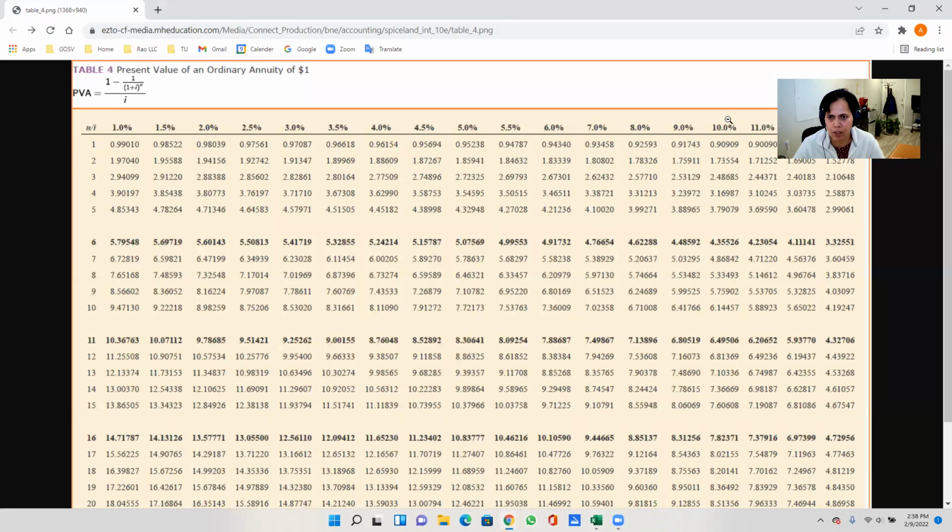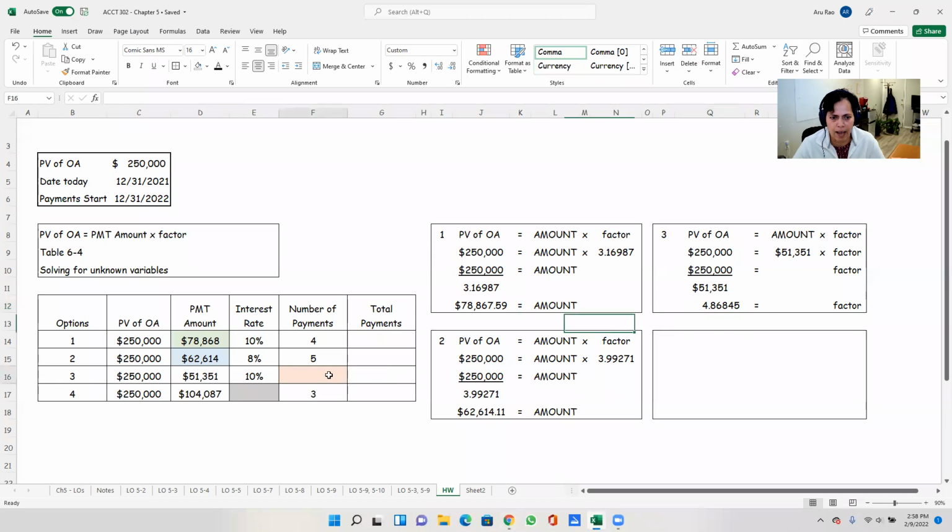When I find the factor, I then go across and say, this is 7 periods. So for this, the answer I'm going to write over here is 7. And that's basically how I went to the table to find that.